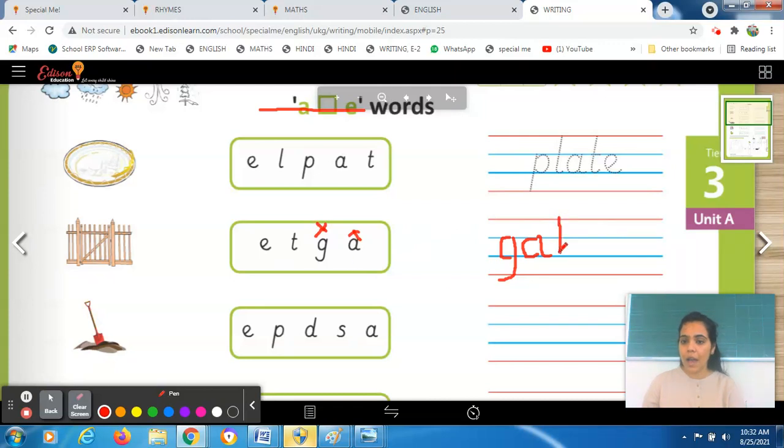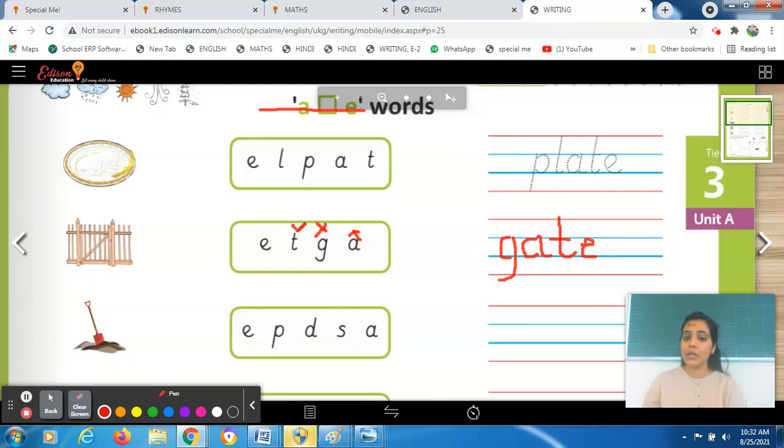So here you all have to write T. Gate. And I told you whenever there is A, then in the last you have to put E. If you don't put E, it will not give you sound A. Fine, so it's gate, right?